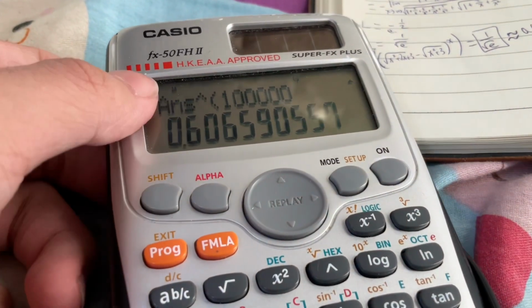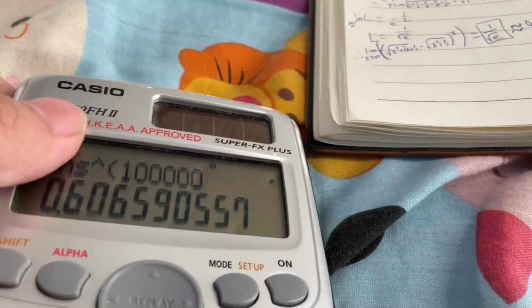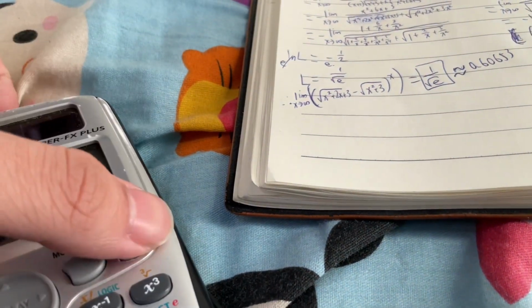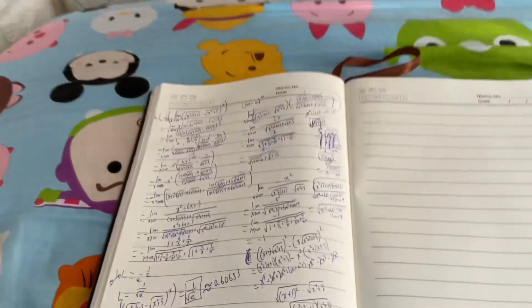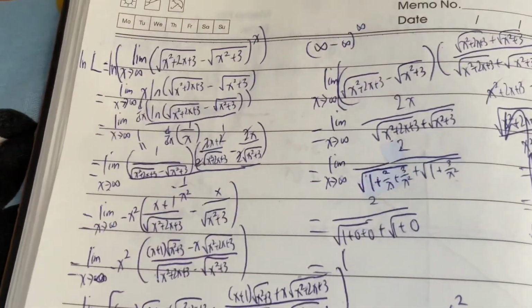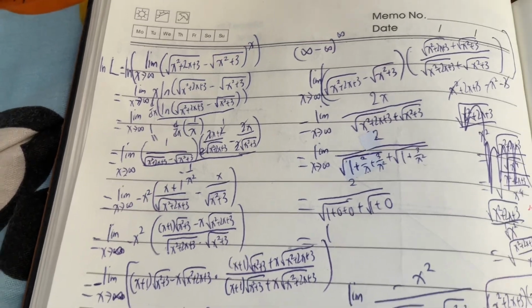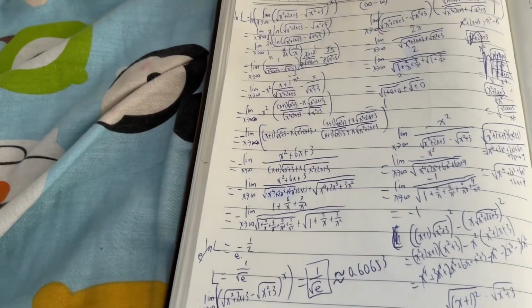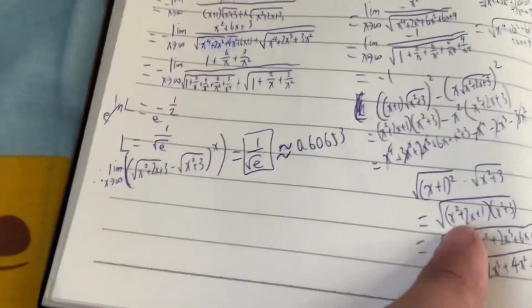Luckily we get the same answer, but why don't we just do it at once? It will be faster. So this is the limit of this. Crazy limit. The limit is very, very fun. 1 over square root of e.